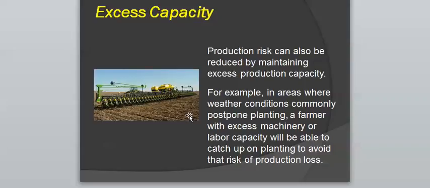So once again, the cost of the risk management must justify the added benefit of lowering our risk. If we can't make the payment on this planter because we're not farming enough acres to justify it, then that excess capacity actually caused more risk, caused financial risk.